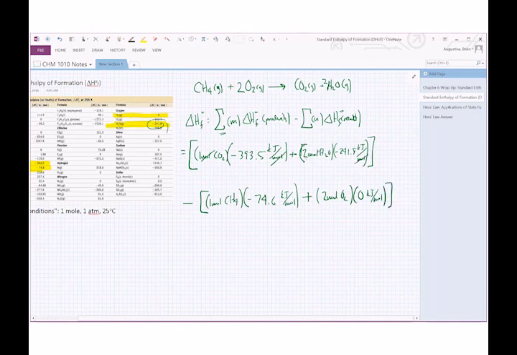Moles cancels moles, and this whole thing is actually equal to 0. So this is the sum of the products, and this is the sum of the reactants.